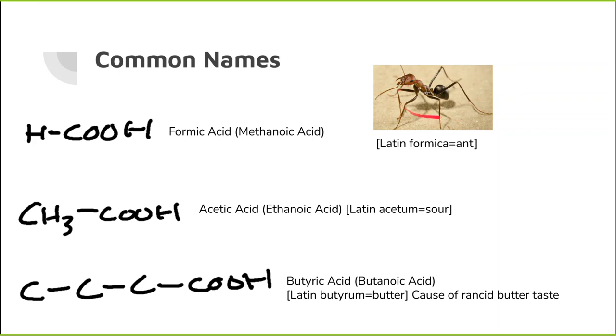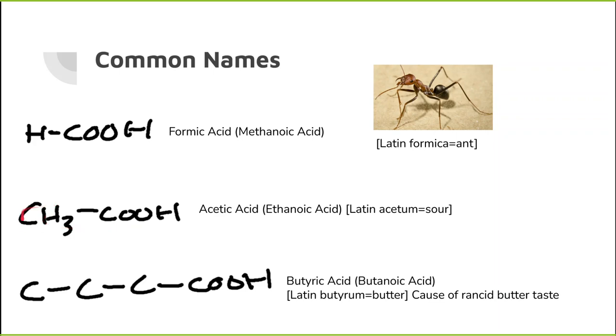This is when ants bite you, or at least some kind of ants. I don't know if they all do. And you get that kind of sting. It's because their bodies naturally generate this acid, and we would call this methanoic acid, but it has the common name formic acid. That's what it was originally called.